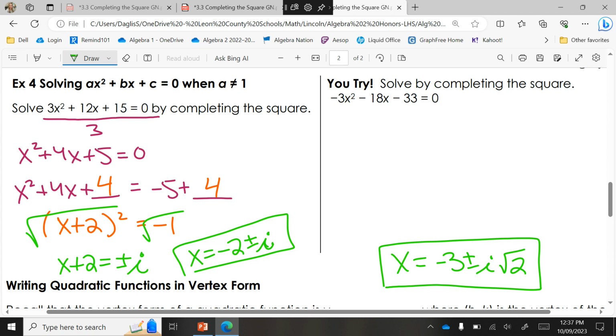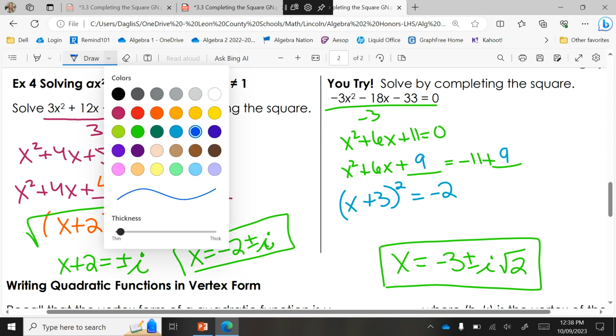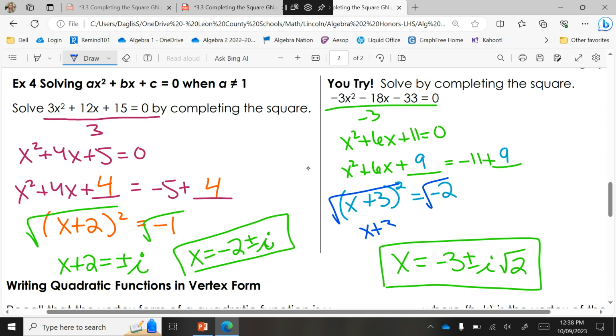See how we're doing. Questions? You should have negative 3 plus or minus i times the square root of 2.